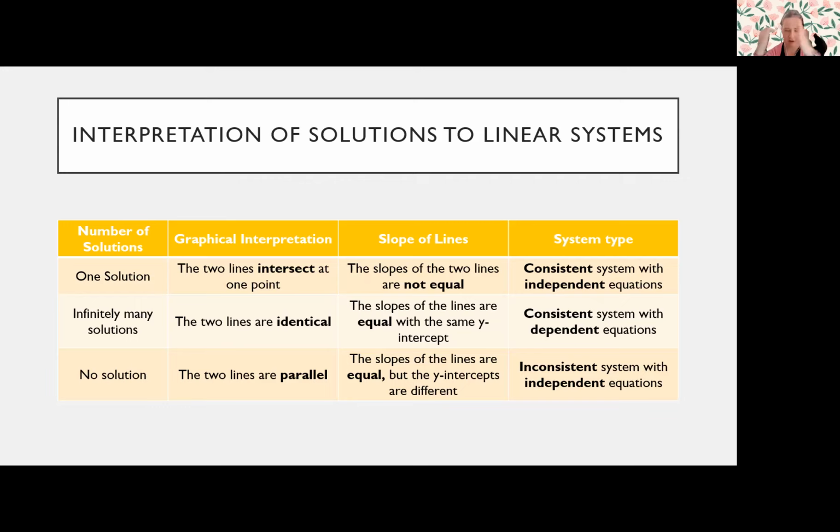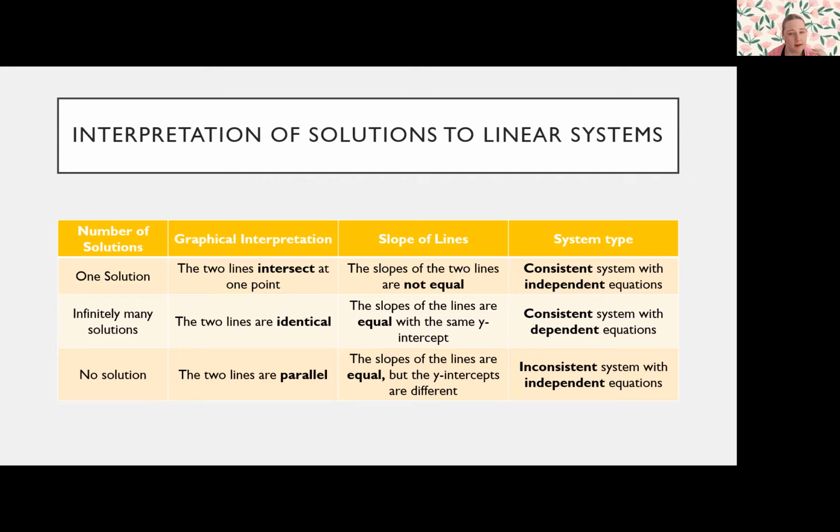So they're basically crisscrossing. In order for 2 lines to intersect, their slope is not going to be the same. So you can tell that 2 equations, if they're in slope intercept form, have a solution if they have slopes that are not the same. And we call this type of system consistent. It's consistent because there's a solution, and then independent because they're 2 separate equations.